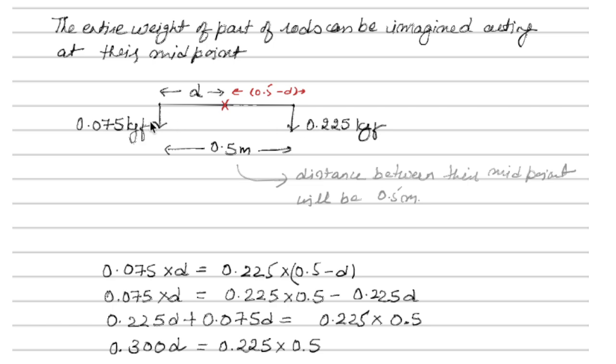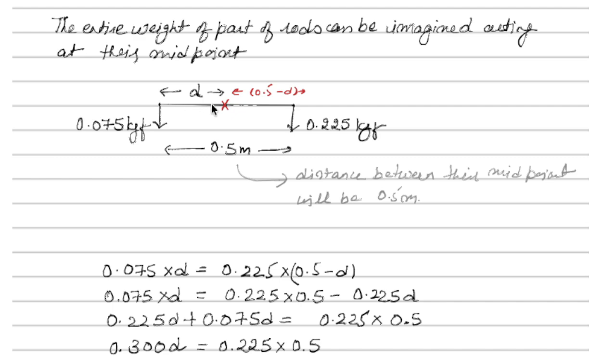Now, how will they balance? We can apply the principle of moments here: this force creates a moment around this point, and the other force creates a moment, and those moments cancel each other out. So we can say 0.075 into D equals 0.225 into (0.5 minus D).